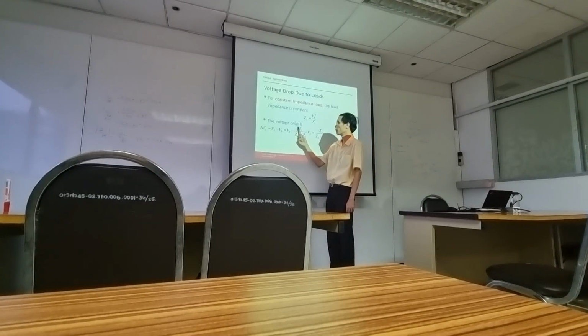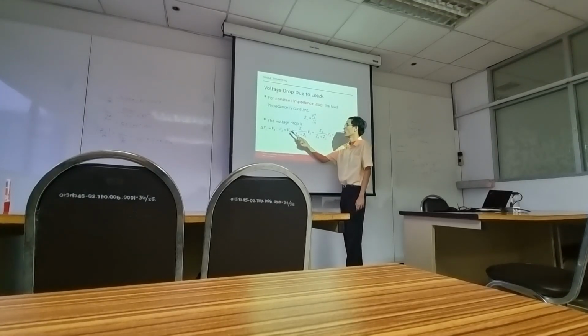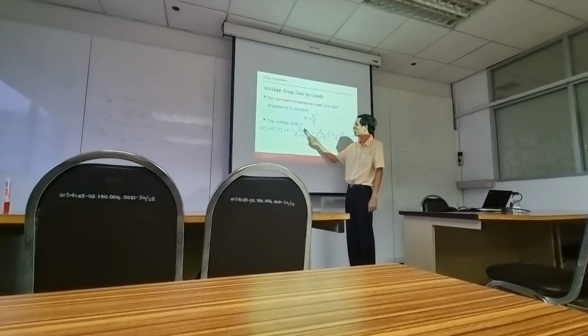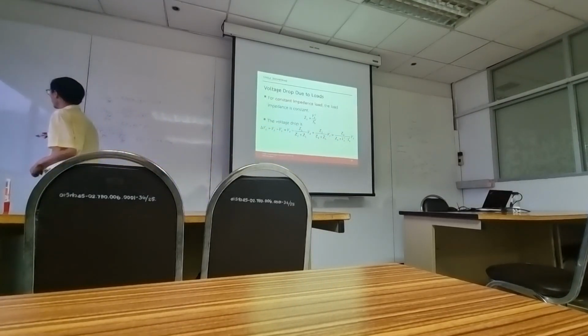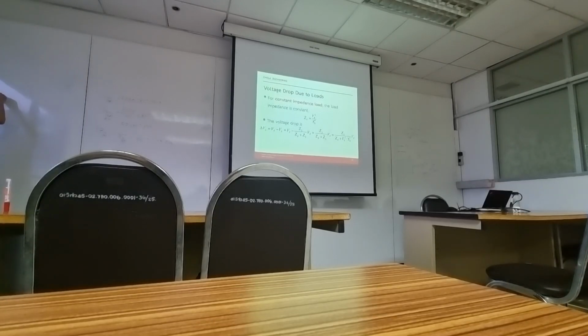The voltage drop delta VL is Vs minus VL, or Vs minus ZL divided by Zs plus ZL times Vs. This comes from the fact that the load impedance is constant.